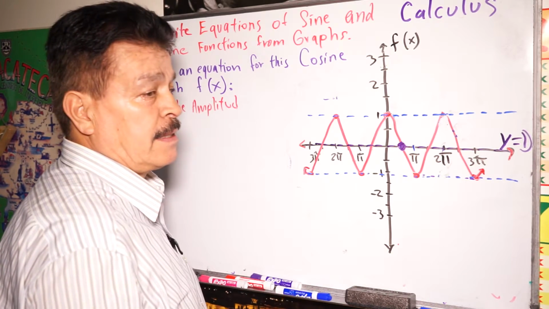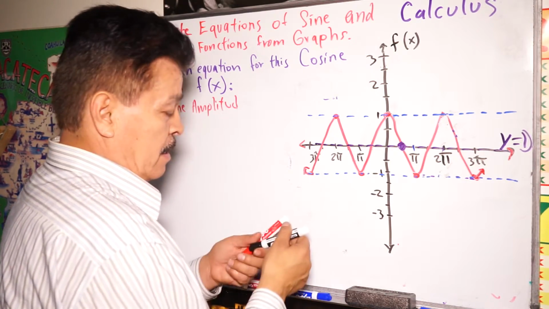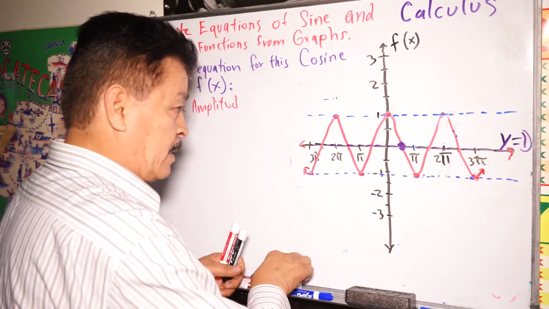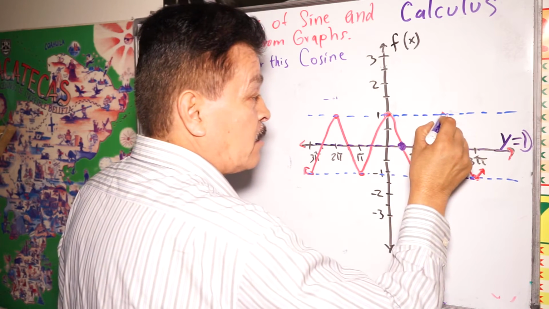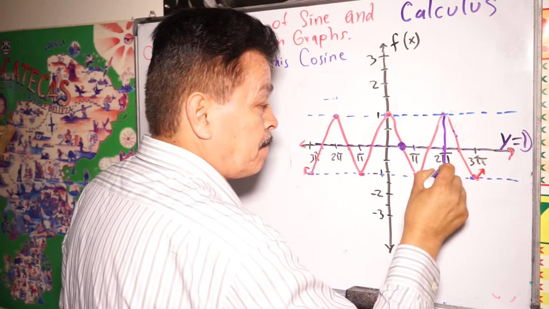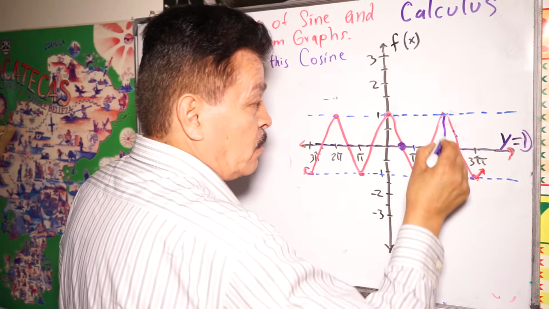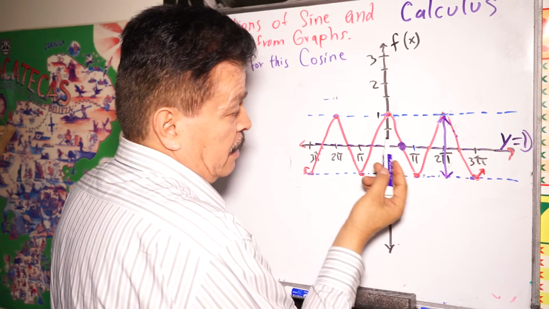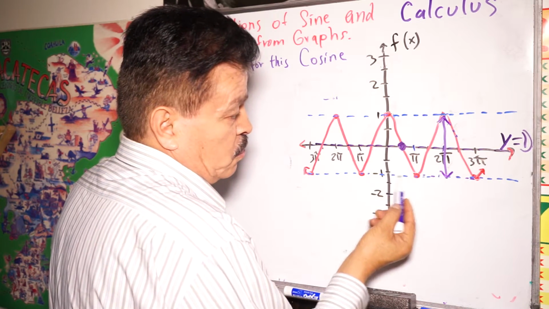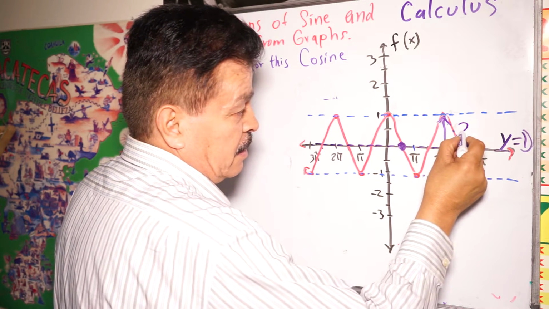First, we need to know what the vertical distance is to know what the amplitude is. Here, you can see the vertical distance. How much is it? 1, 2. So the vertical distance is 2.